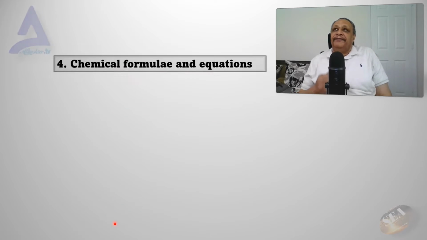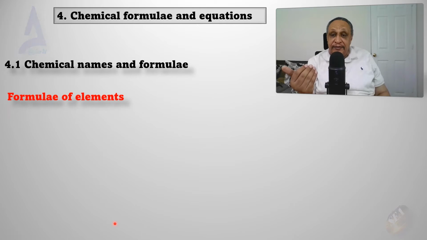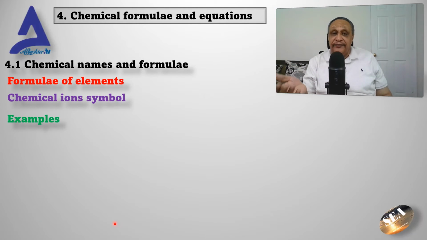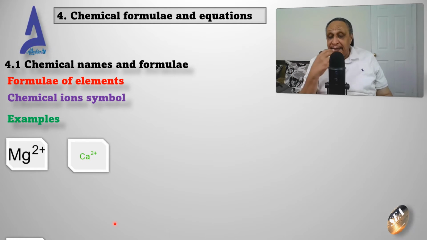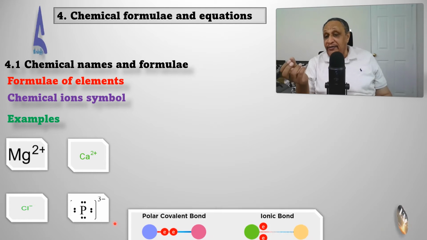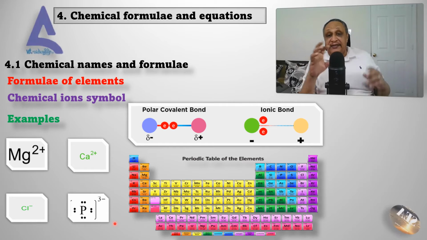So when we have atoms and those atoms react with each other, we are going to name the product an ion or ionic compound or covalent compound, regardless of the details.